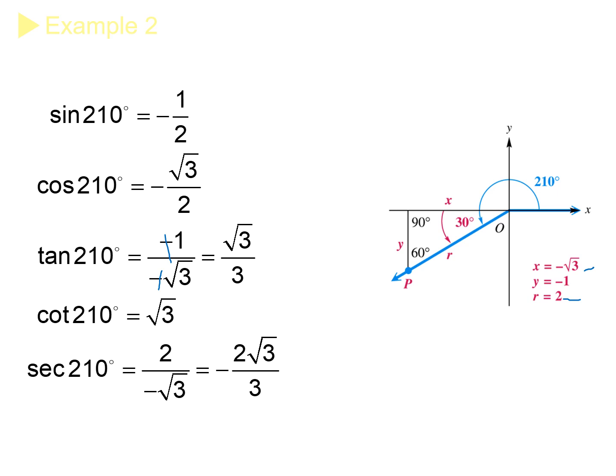Again, rationalize the denominator, so you get 2 root 3 over 3. And cosecant is minus 2, which is really the reciprocal of sine of 210. You can also do the reciprocal rules for all of these.